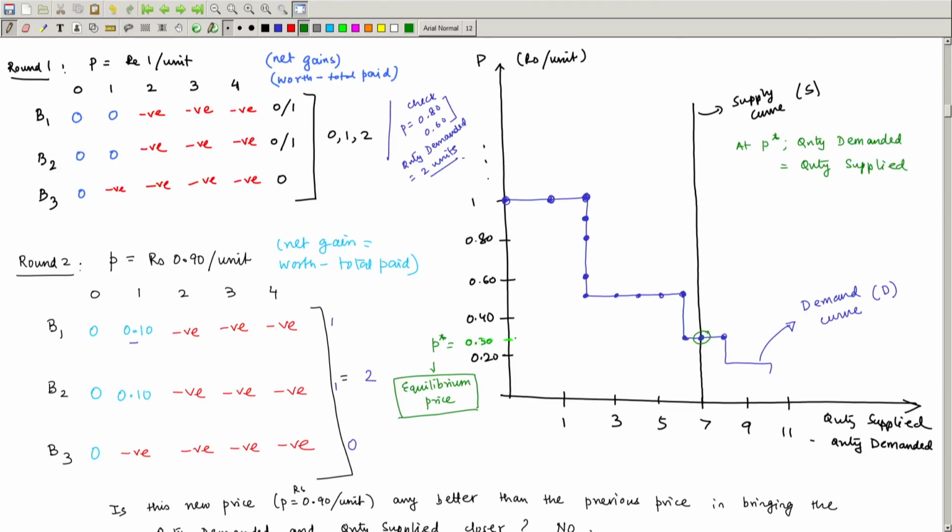Now, once I have the demand curve and supply curve, we identified where they intersect. That is the point which we called the equilibrium. So, in this graph, at a price of 0.3 per unit, the quantity demanded and quantity supplied matched, and that is what we said is the equilibrium price.